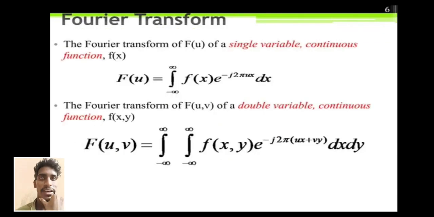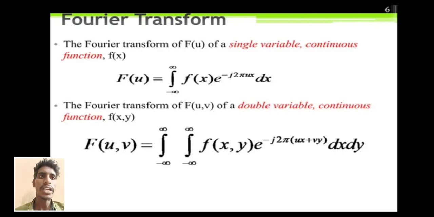See, Fourier transform, my dear friends, means the Fourier transform of F of u of a single variable continuous function f of x is F of u equals integration from minus infinity to infinity of f of x e power minus j 2 pi u x dx.